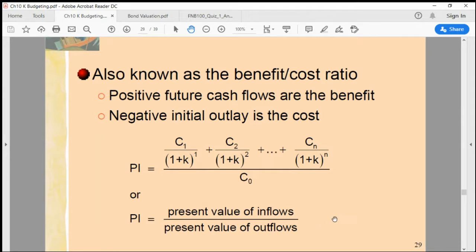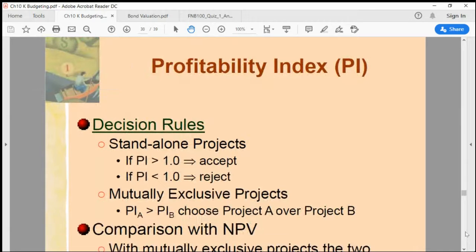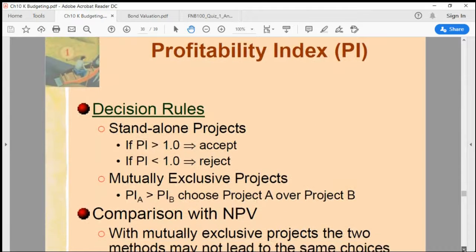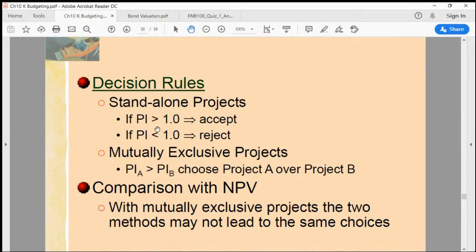And what if it is 0? That means the project has just 0 net present value, right? Of course, it has to be positive to be accepted, right? Okay, so that's decision rule. If profitability index is greater than 1, accept, if it is a standalone project.